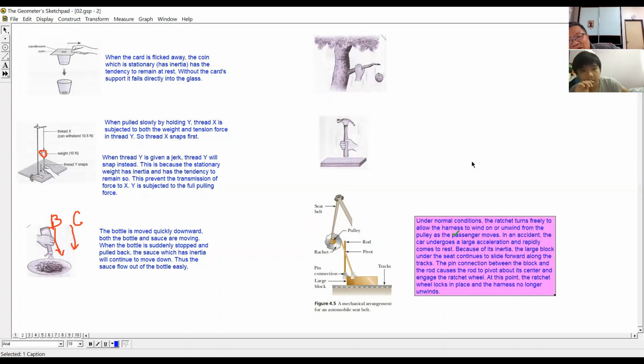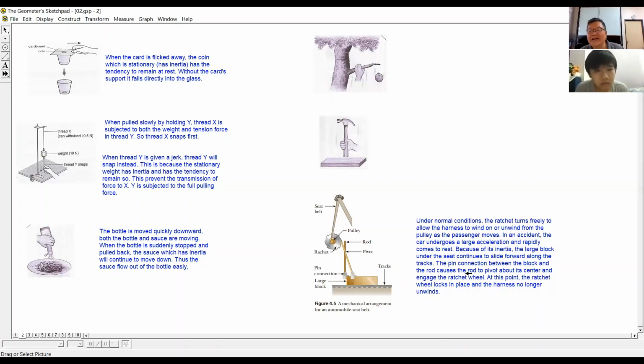What is the reason behind this? There is no electronic sensor, nothing inside, but the seat belt just simply locks when an accident happens. Why? This is the example given inside the textbook. It is an application of inertia.